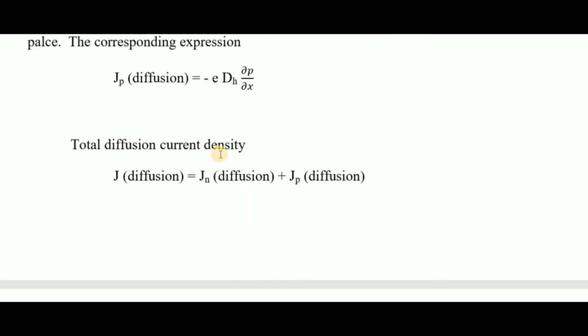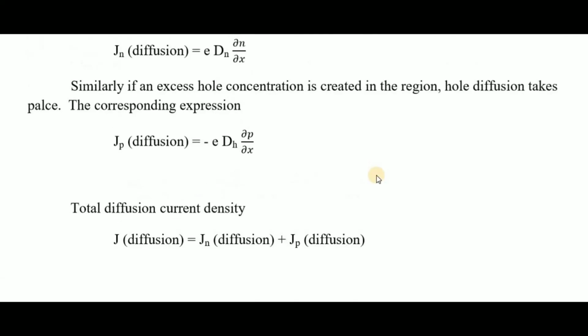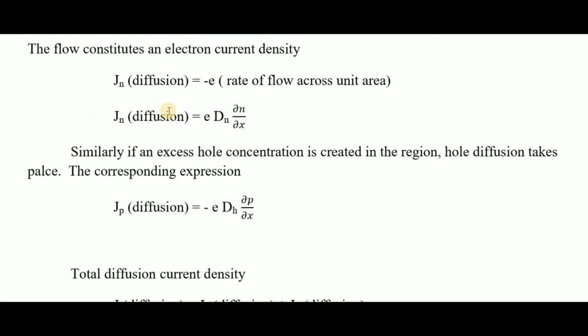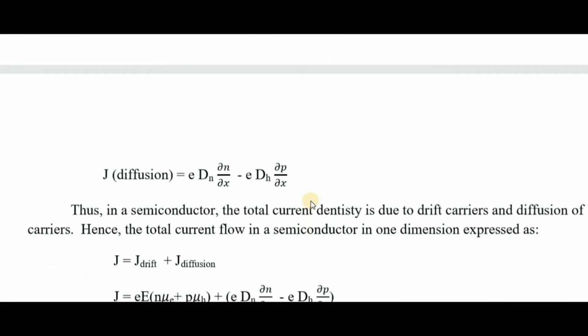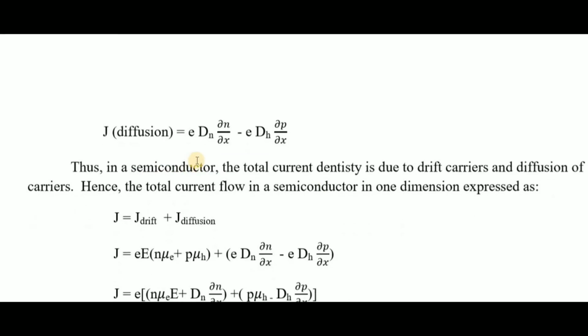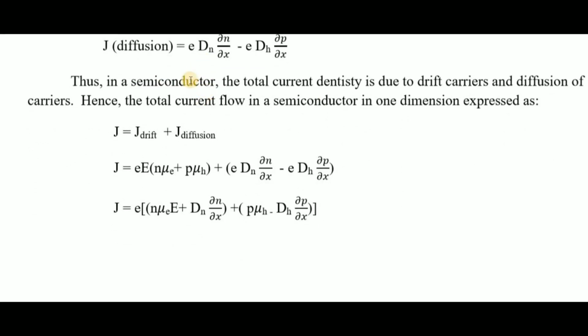The total diffusion current density J diffusion is equal to Jn diffusion plus Jp diffusion. So we have to add the negative quantity and the positive quantity. That is, J diffusion is equal to small e into Dn into dou n by dou x minus e into Dp into dou p by dou x.